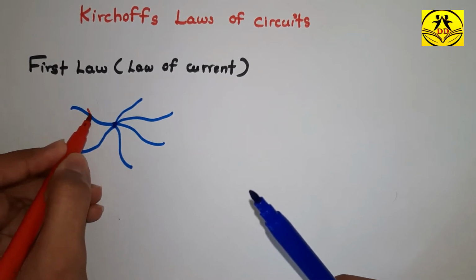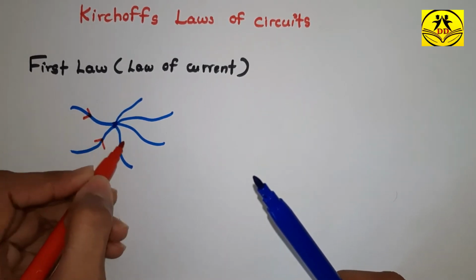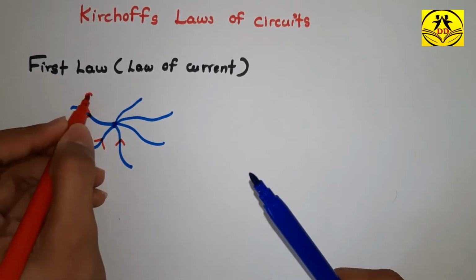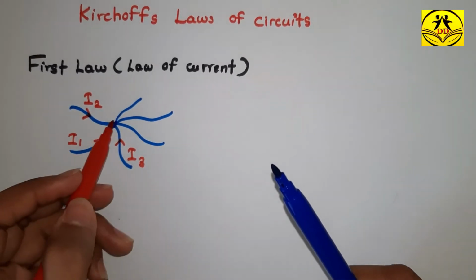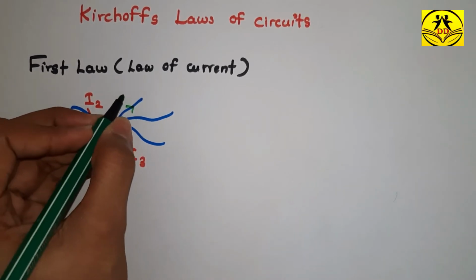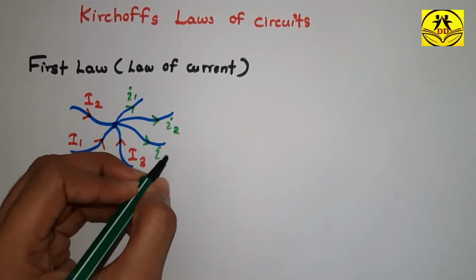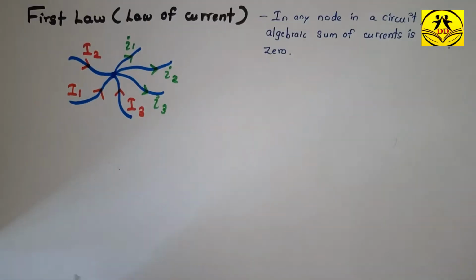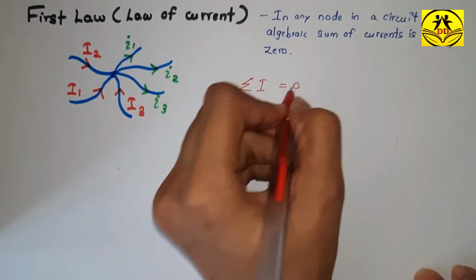That means if you consider the currents flowing into the node as positive, let's take I1, I2, I3, and the currents flowing out of the node as negative, say I1', I2', I3', the algebraic sum of them is 0. We can write it as sigma I, meaning current, equals 0.